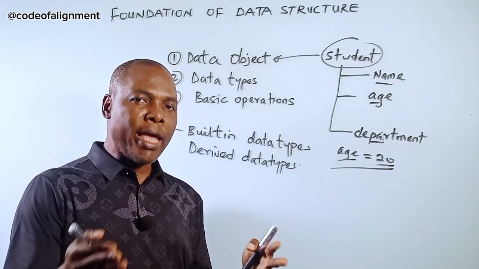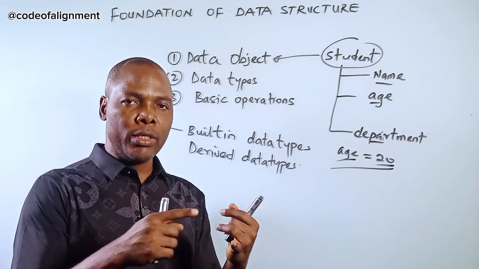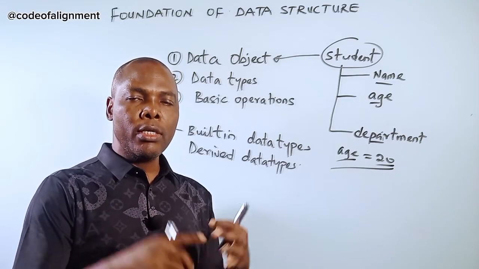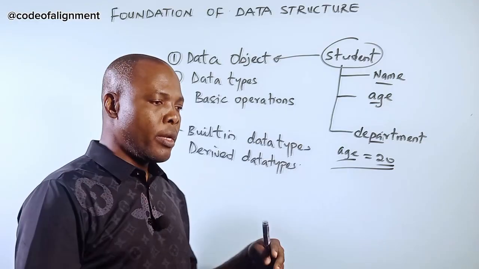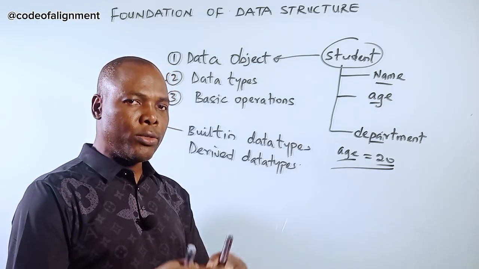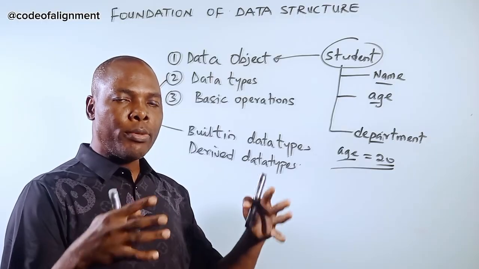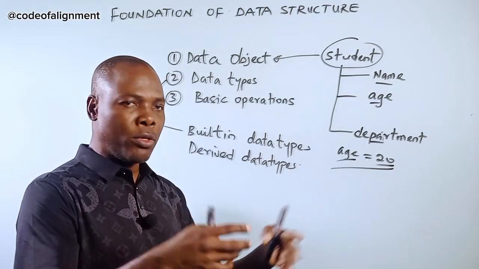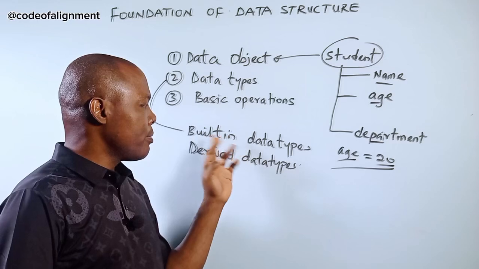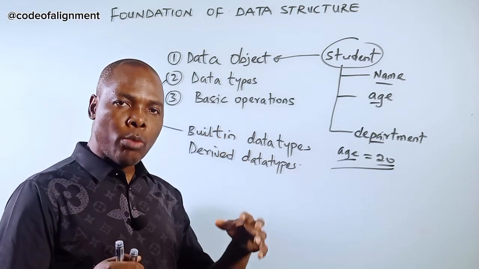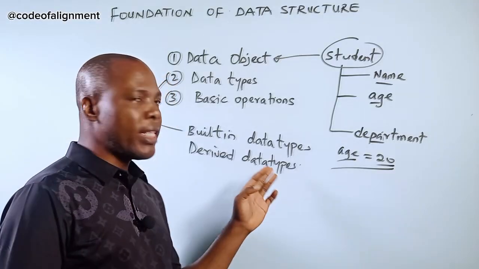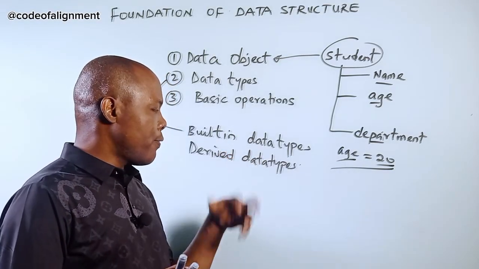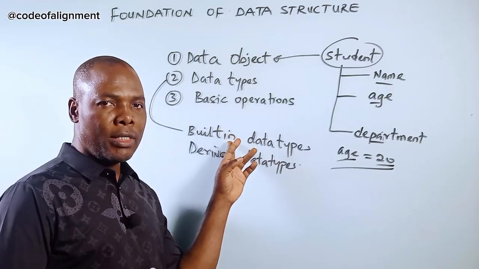For example, if you want to buy a house, the house will come with the door, the windows, the roof, the walls. So that is a complete house. But if you want to build a house, you are going to start from scratch using component parts to make that same thing that you bought. That is how it is here. The built-in data types are provided by the programming languages. Then the derived data types are formed or created from the built-in data types.